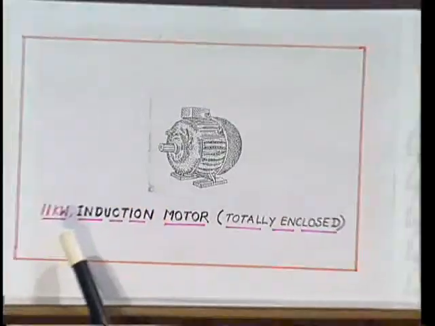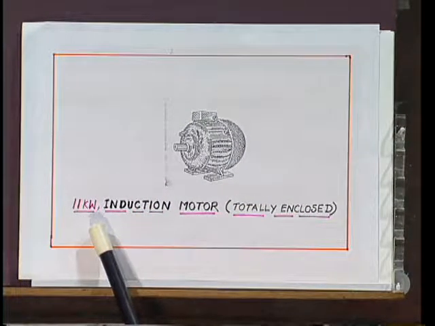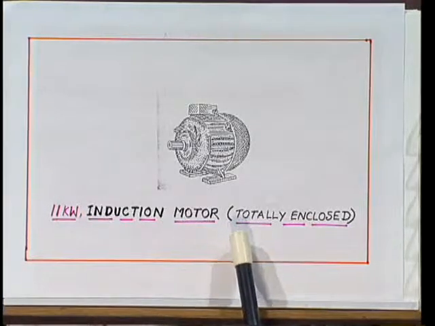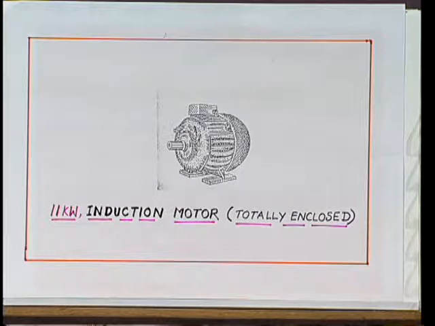The heat generated in the motor is dissipated outside from the surface of the motor. Normally these totally enclosed motors have fins arranged on the surface for natural cooling. The diagram shown here is an 11 kilowatt induction motor, which is a totally enclosed motor.